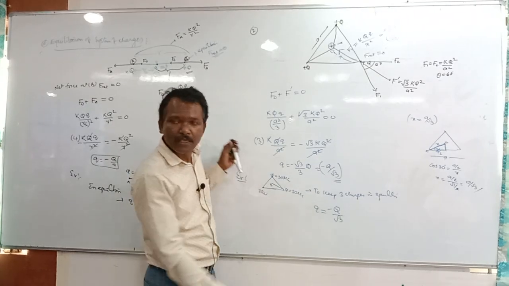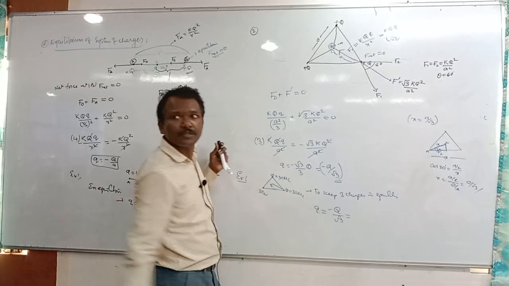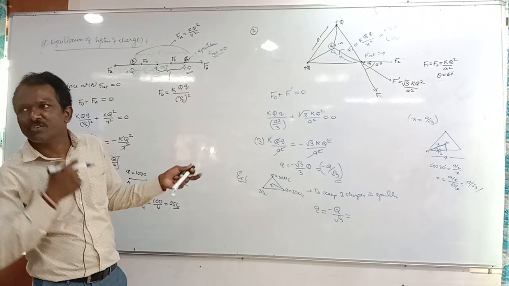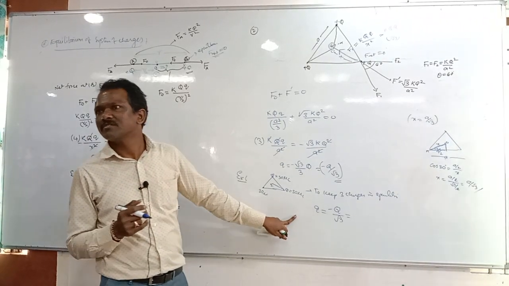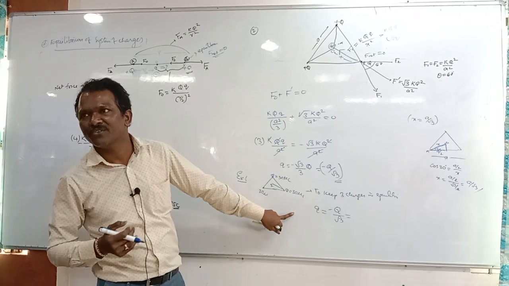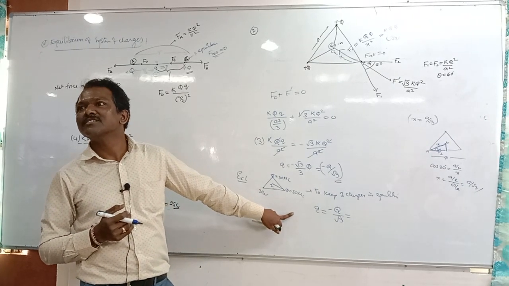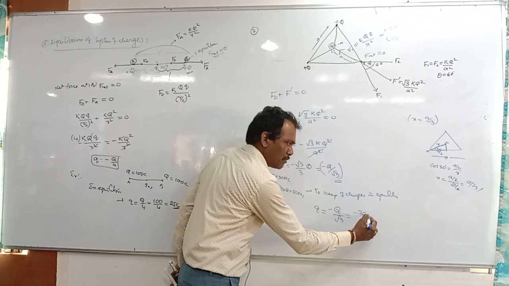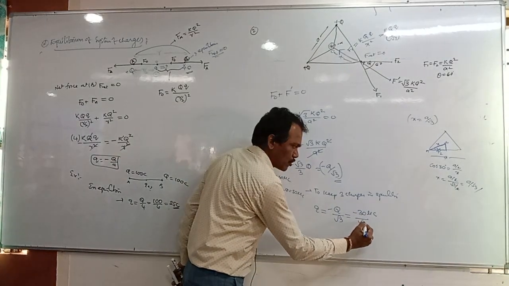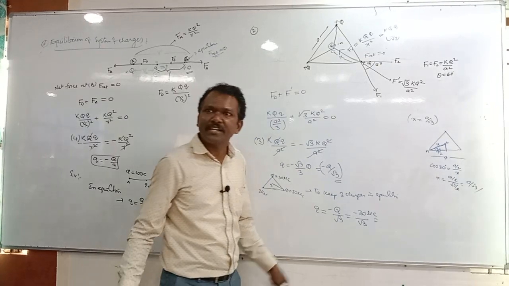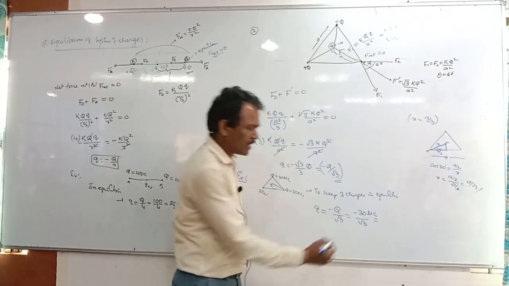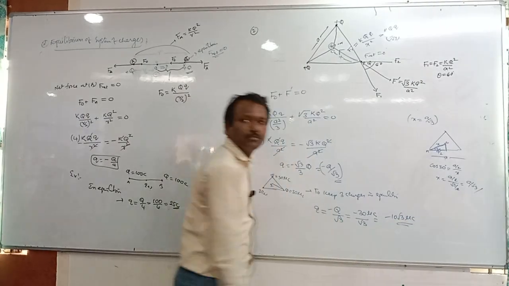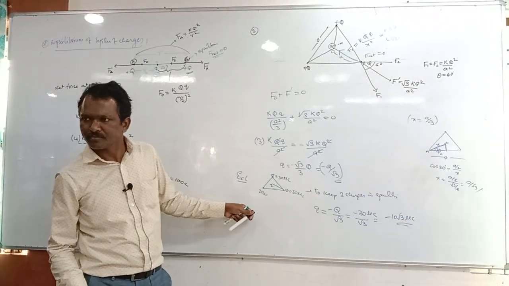Correct? What is its value? 30 minus 30 microcoulomb by root 3. How you can write it is 10 root 3, minus 10 root 3 microcoulombs of charge. Correct? Right.